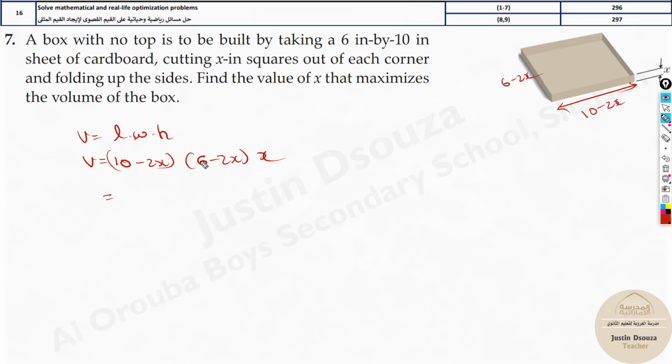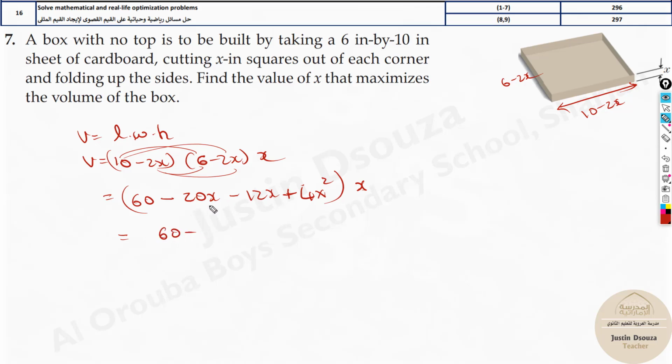Now let's solve it. You can multiply x over here and then multiply, or I'll do it like this. First the FOIL method. These two terms will be 10 times 6 is 60 minus 20x. Then this term over here will be minus 12x, and minus times minus will be plus 4x squared, all multiplied by x. Over here you can simplify.